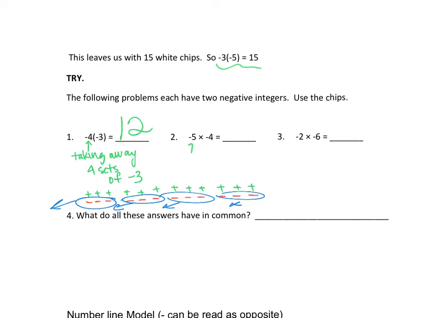So similar here, we're going to take away 5 sets of -4. In order to take away 5 sets of -4, we need to have them, and we're going to make those 0 pairs.